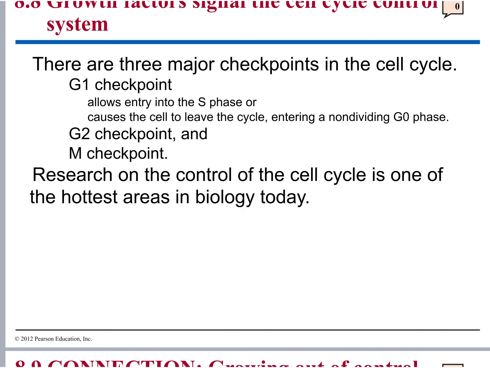There are 3 major checkpoints in the cell cycle. So first up, there's the G1 checkpoint. And this is a checkpoint that allows cells to enter the S phase. Remember, S stands for synthesis. And it allows the cell to go ahead and duplicate its chromosomes.